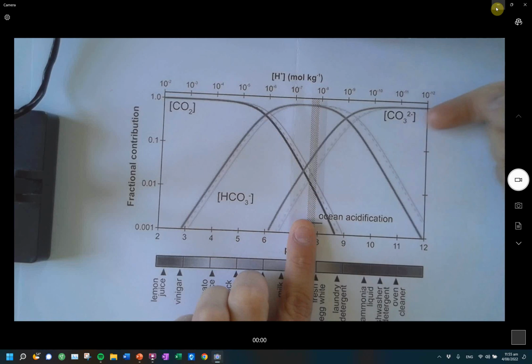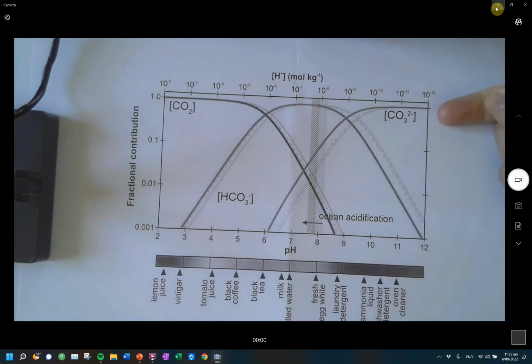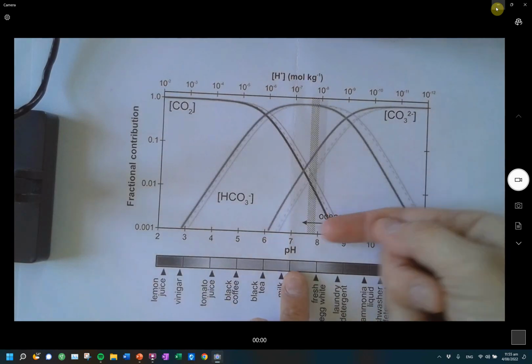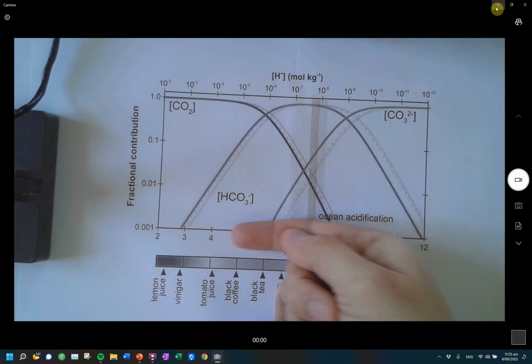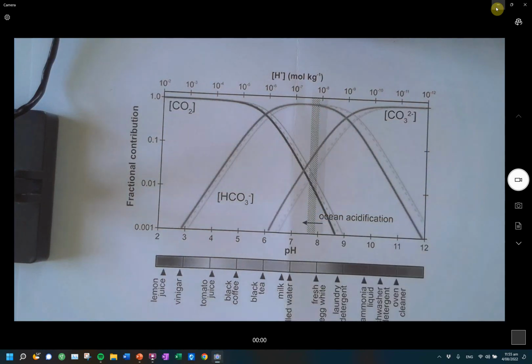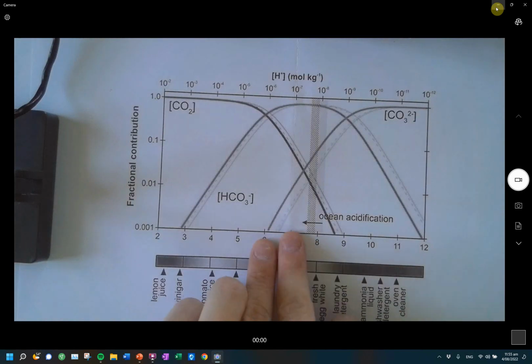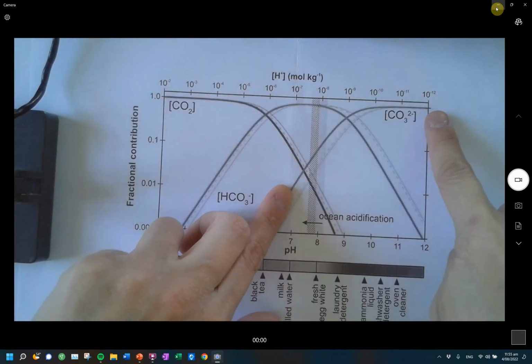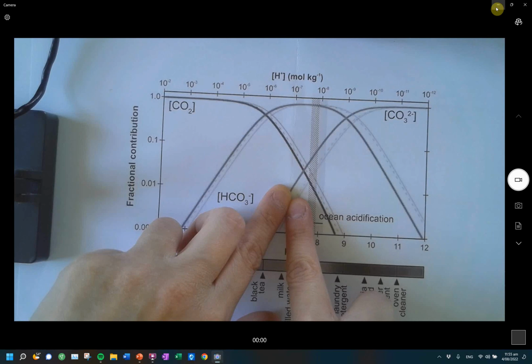So we actually have quite a high amount of the carbonate, which is good at that level, so that way organisms can use them in their shells and things. However, with the acidification process, we are shifting the pH down, and that's disrupting that equilibrium. And so now our ratios have changed. As we start going to, say, for example, 7 pH, we're losing the carbonate ions.